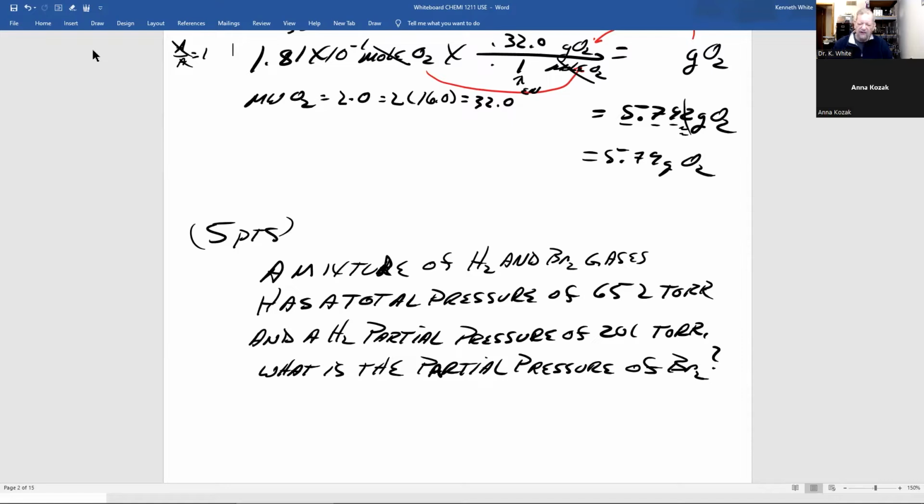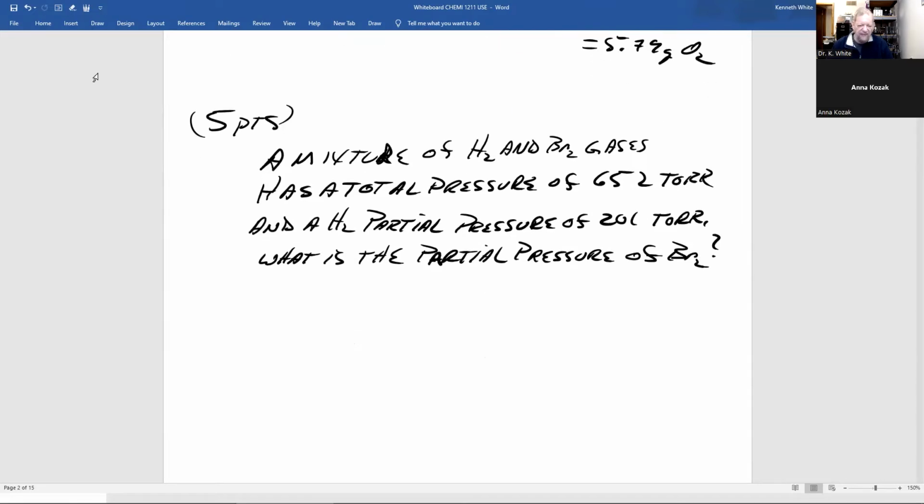What is the partial pressure of bromine, Br2? And I'm going to do this stepwise with you. Right here, what I'd like you to do first is, what are you being asked to find? What are you given? So why don't you just write down what you are being asked to find and what you are given. Your turn.